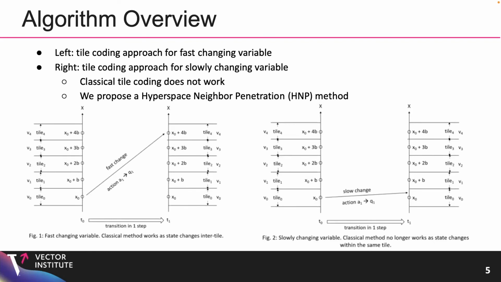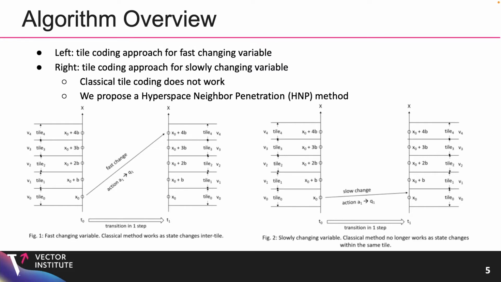We can get a better understanding by looking at figure 1 and 2 here. Firstly, the vertical x-axis on this is the state space of the continuous variable. We can see that this continuous variable has been segmented into several tiles from V0 to V4. So we're turning a continuous state space into a discrete state space, essentially.